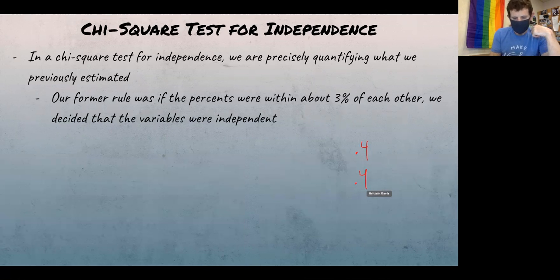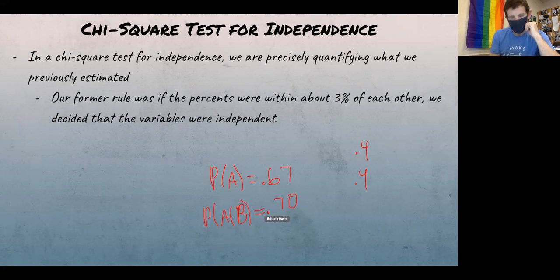But let's say it was 0.67 and 0.70, and we're comparing two probabilities. This would be the probability of A. This would be the probability of A given B. And we say, that's close enough, they're probably independent. Now we're going to be a little bit more precise. We're going to be able to use a test to determine, is there independence between these two variables?